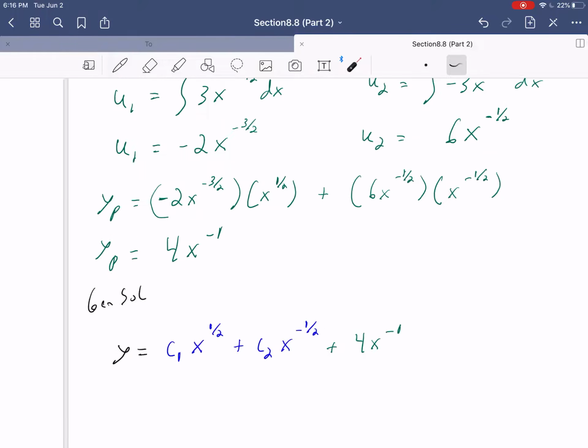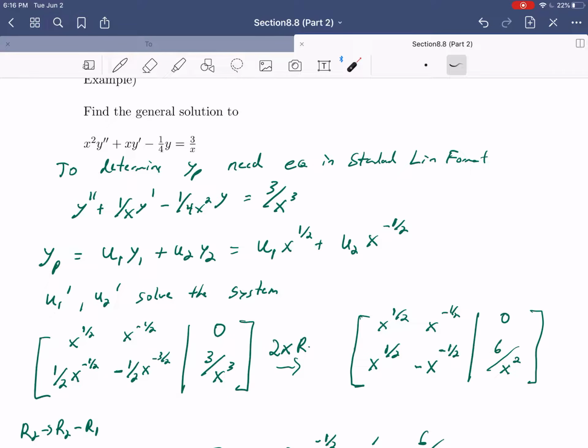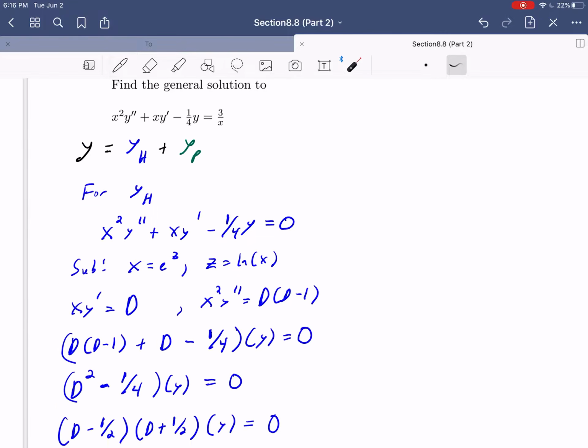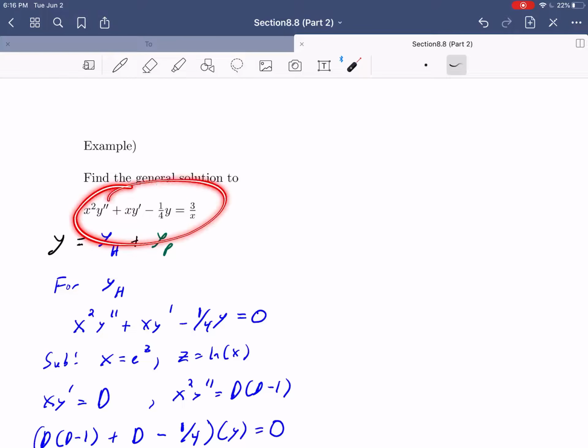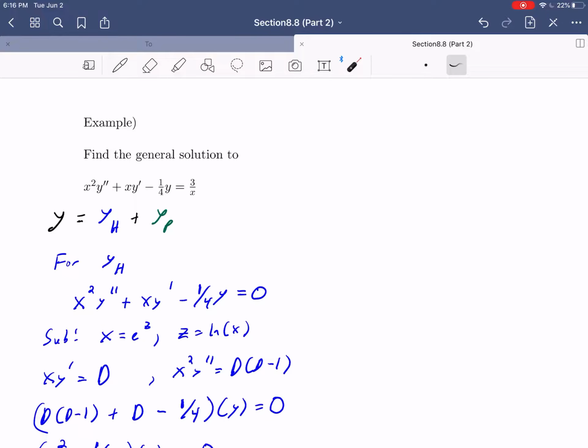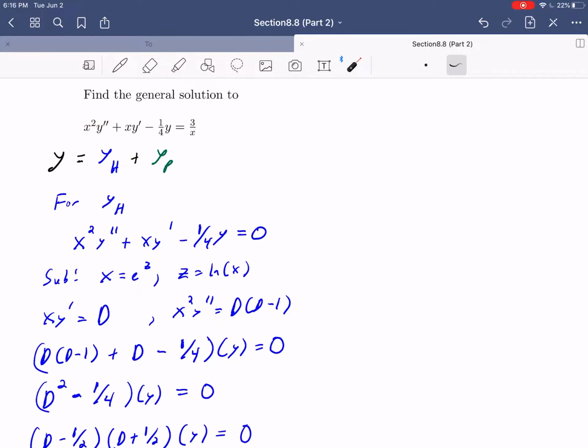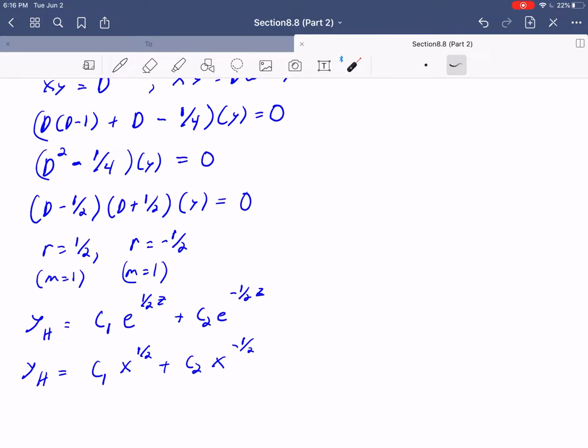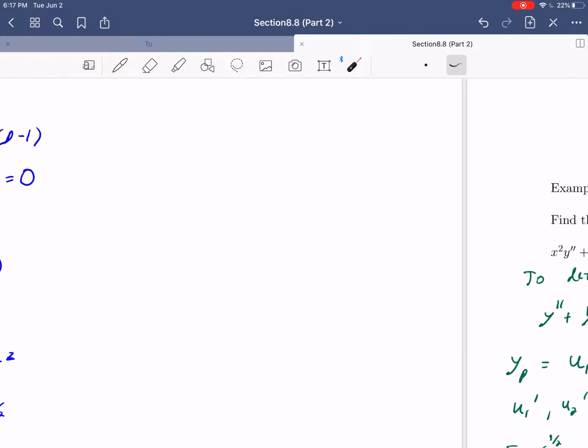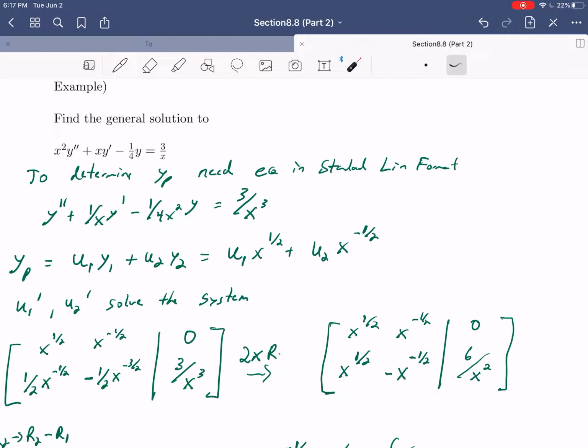So just to recap, because this is a longer example here, the key thing to remember is that when you're working on something that's Cauchy-Euler and non-homogeneous, you're going to use your substitution as is standard to figure out the homogeneous solutions. That's what we did here. But when you go to use variation of parameters, make sure you remember that to determine that particular solution, you have to put it back into standard linear format.